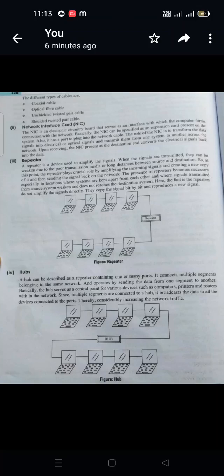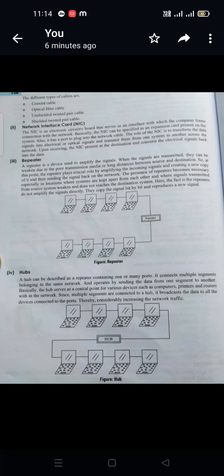Next, repeater. A repeater is a device which amplifies the signals. Amplify means it increases the strength of the signal. If the network is of a long distance, sometimes the network signals may fail, meaning they lose strength, which leads to slow transmission.